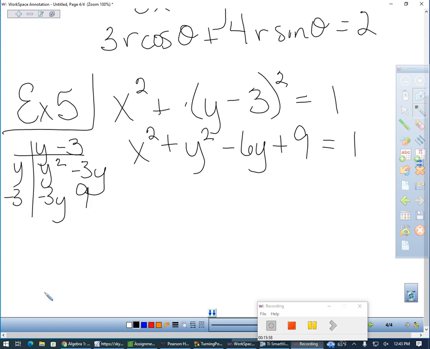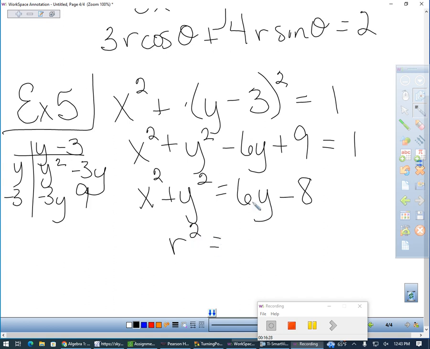All right. Now I want you to move everything over except for my x squared plus my y squared. So move it all to the other side. So I have x squared plus y squared equals 6y minus 8. R squared. Very good. So this is r squared on this side.